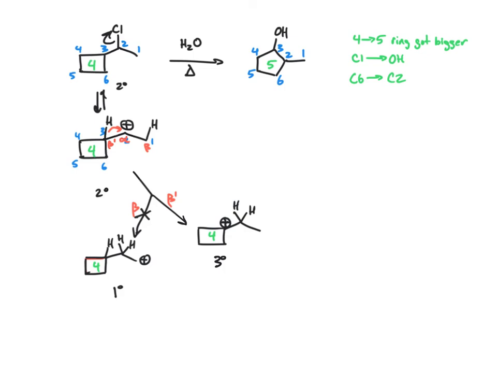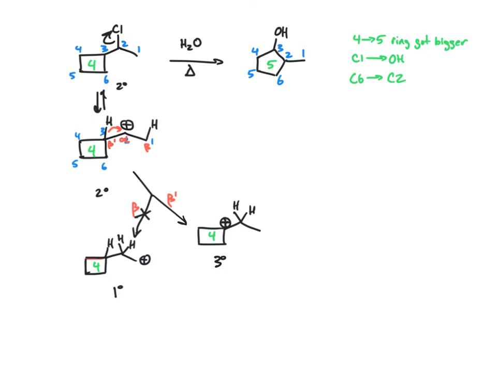And the reason it's not is because you're still keeping that four-membered ring. So instead of this hydrogen moving over, this carbon-carbon bond actually moves over. So when it does that, the ring gets larger, but you're still maintaining a secondary carbocation. And the reason you can go from secondary to secondary is you're relieving this ring strain.